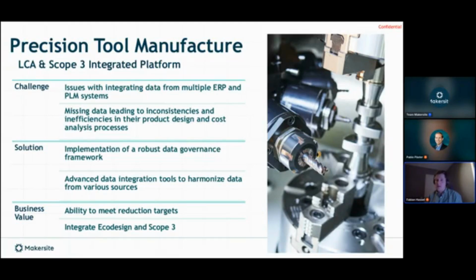Combining it into one solution allowed the business requirements to be met. The customer got the ability to meet their reduction targets and had a direct integration between eco design and scope 3. That means the engineering work, how to make a better product, shows its benefit on your scope 3 performance, but obviously also on your products, by bringing the parameters together.